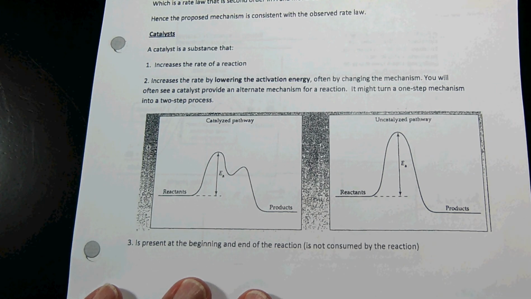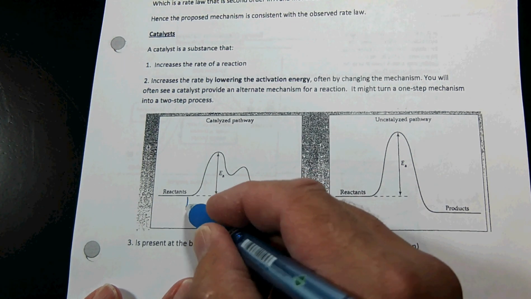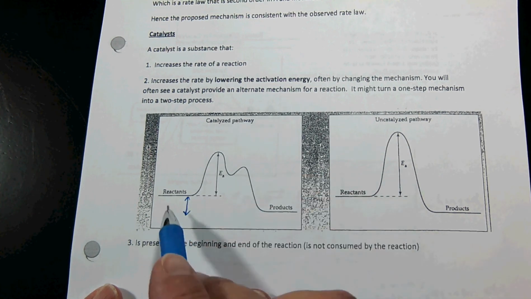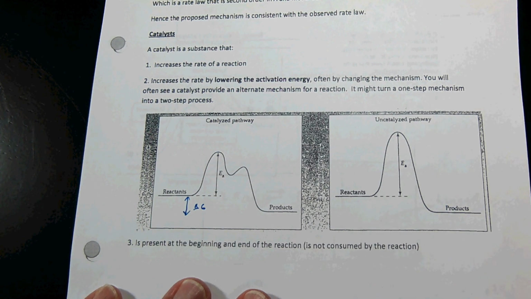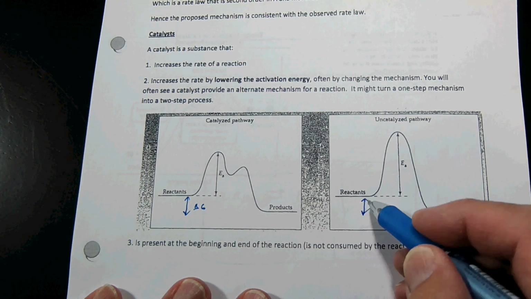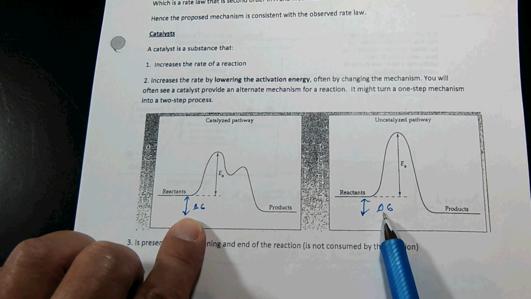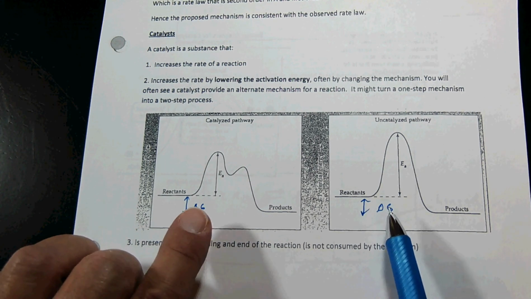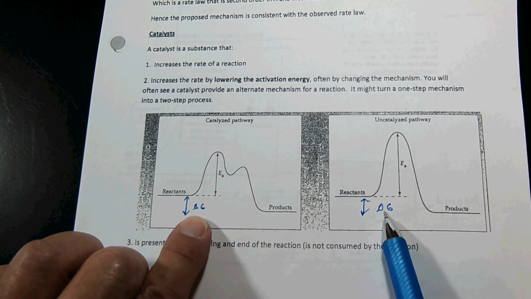From the chapter on thermodynamics, you know that the position of the equilibrium is determined by the delta G. That'd be that guy there. The difference between reactants and products, that's delta G. And notice, in the uncatalyzed or the catalyzed, delta G is the same for both of them. So, a catalyst will never change delta G. It will not affect the equilibrium constant. It will not affect the position of the equilibrium. It'll just make you reach equilibrium that much faster.